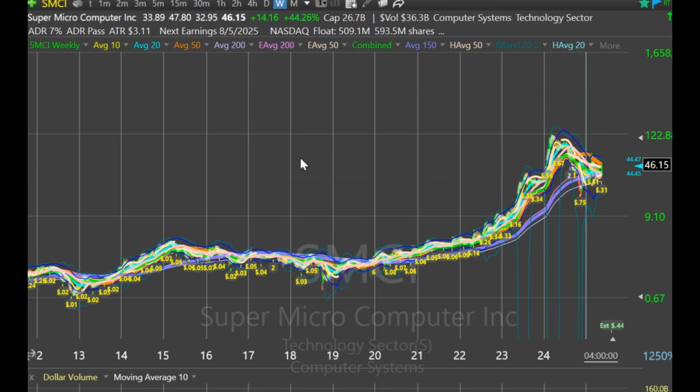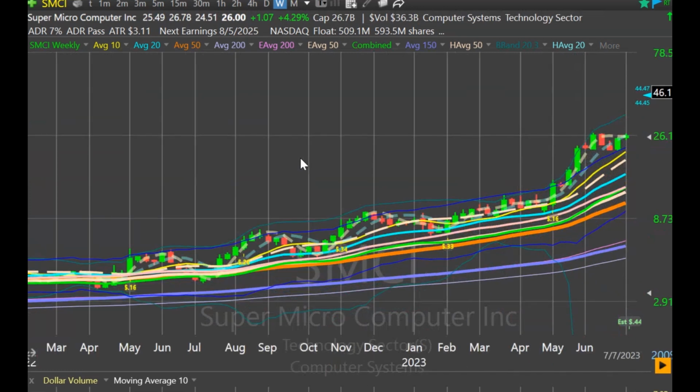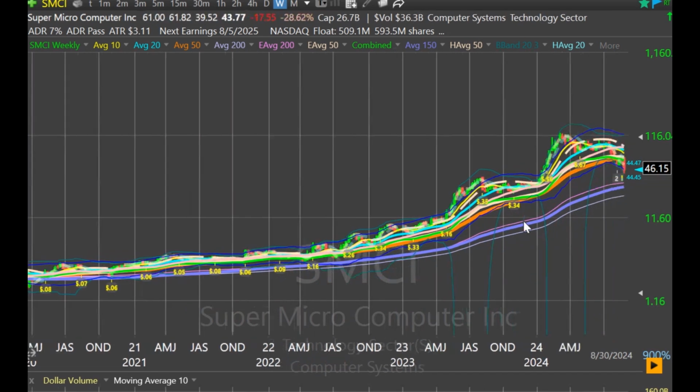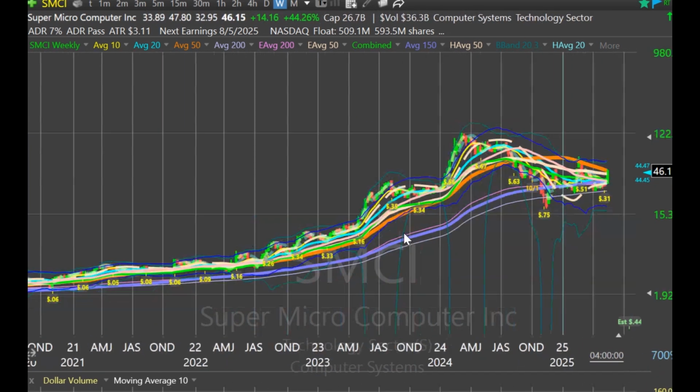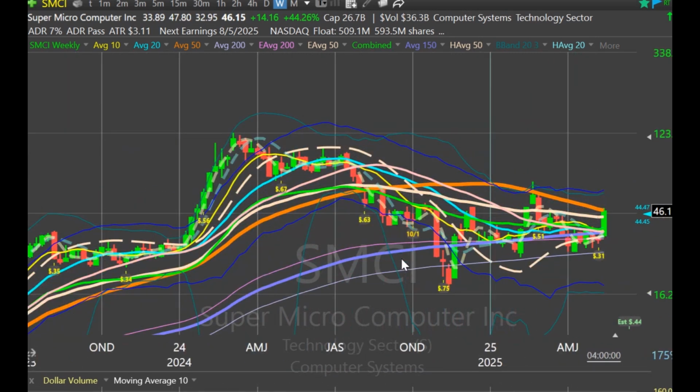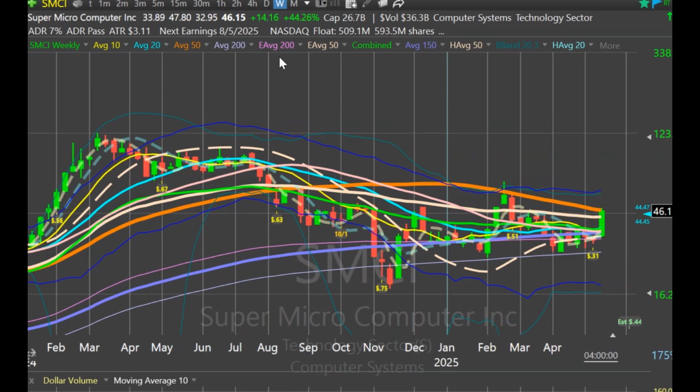All right, I don't know if I talked about Super Micro much. Here it was making a bunch of little steps, but as it got going, you might say this is level step 2, and notice how flat it is on level 2. That's really good. And then it went up 200 more percent after that. Based on my little averages here, I would say Super Micro is about to go for another run.